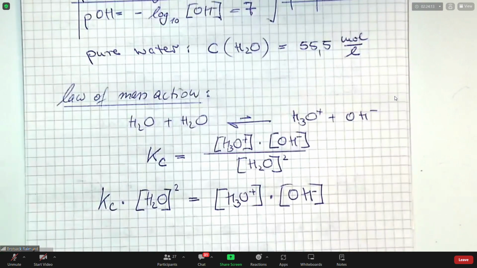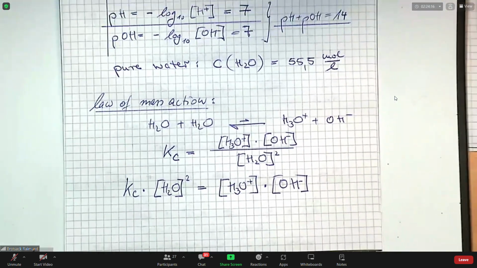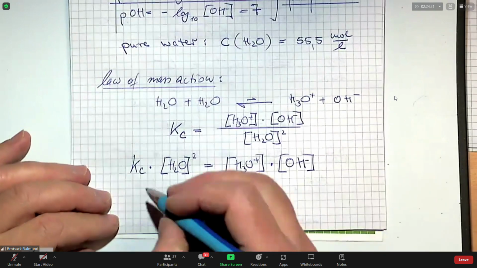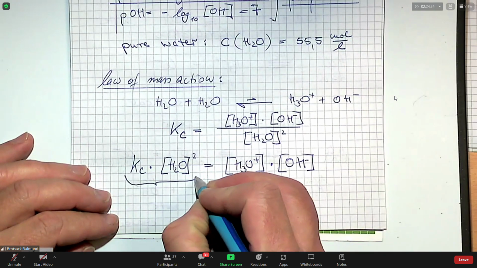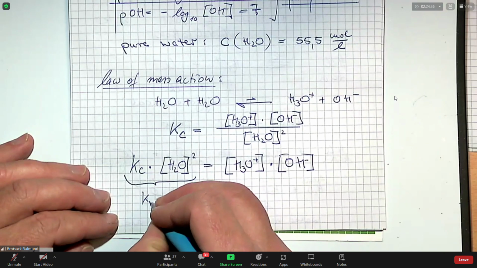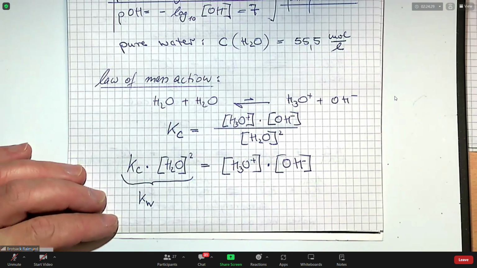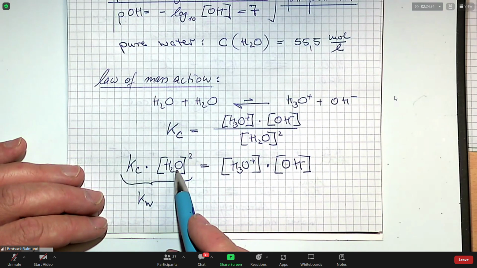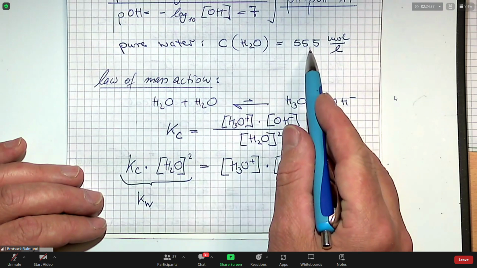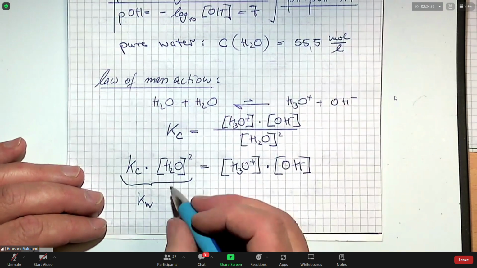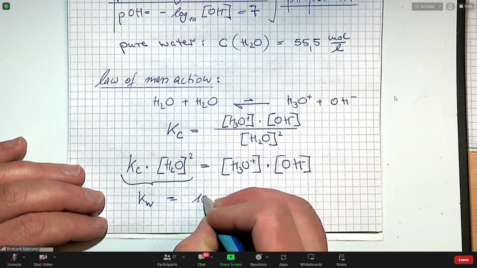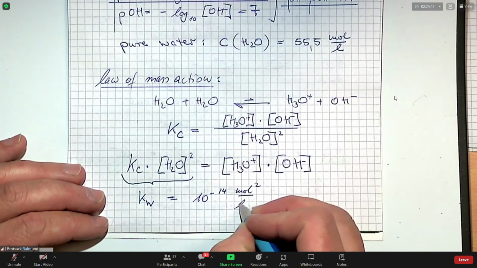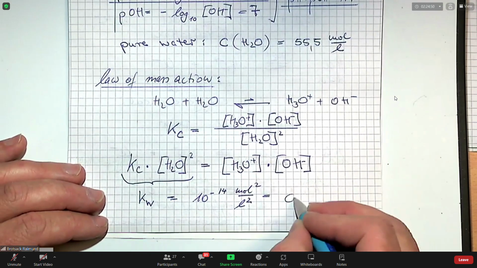And now we say this is what we call Kw, the ionic product of water, where already the concentration of the water molecules is integrated because it's fixed. And that is what we know is 10 to the power of minus 14 mole square over liter square. And this is constant.